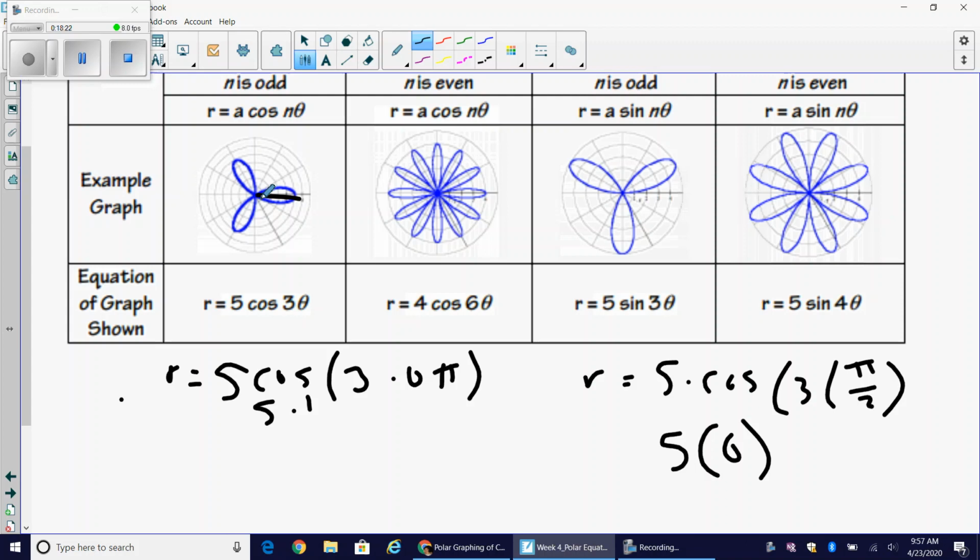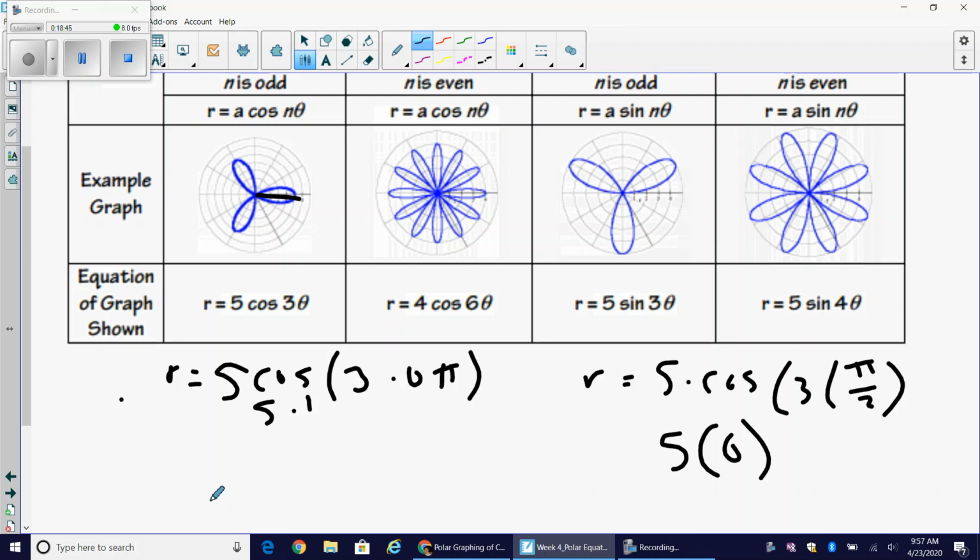So how do I know where the other petals are? Well, I have to think about the impact of this 3 on the angle I'm plugging in there. So let's think about other values, maybe not directly on the axis. Maybe I plug in a value like pi over 3.